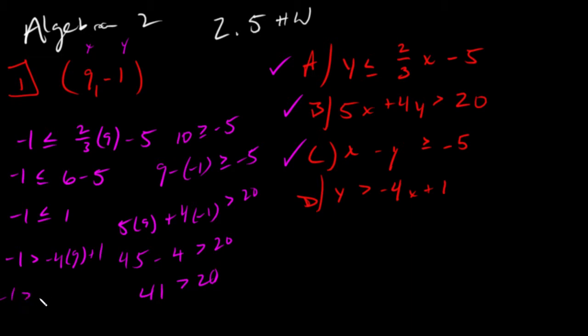Negative 1 is greater than negative 36 plus 1? Is negative 1 bigger than negative 35? Well, yes, it is. It's a Christmas miracle. It worked out for every one of our points. So we would just say A, B, C, and D.